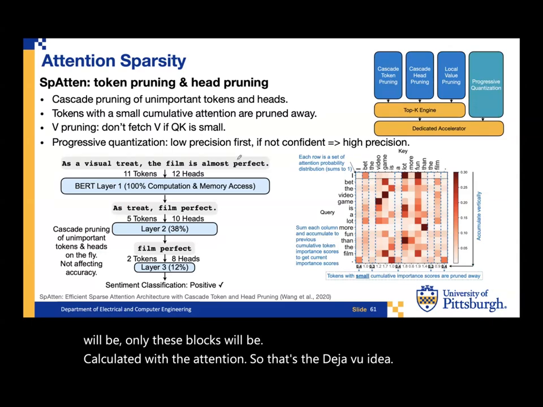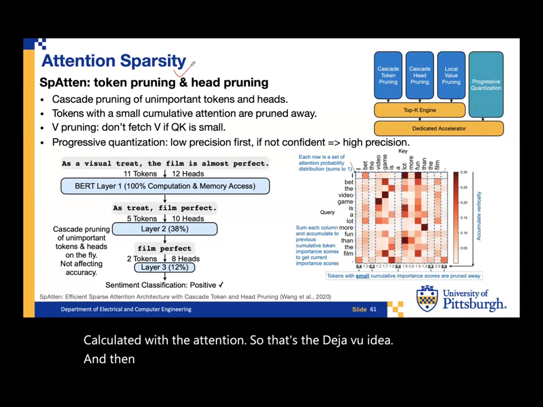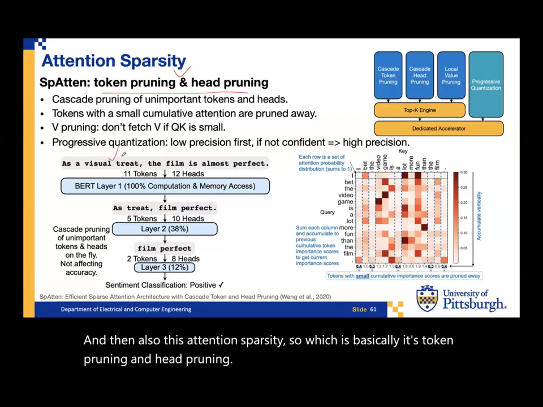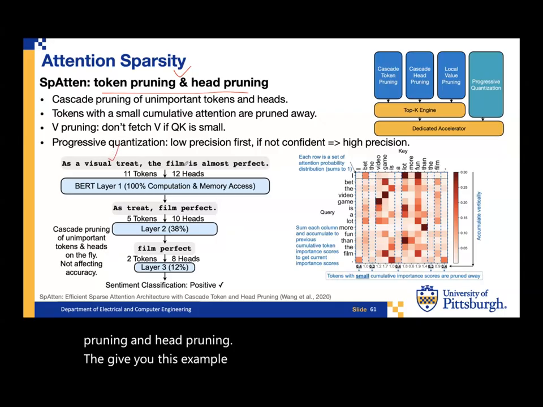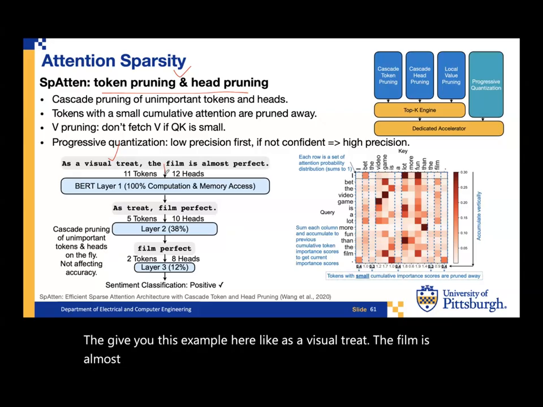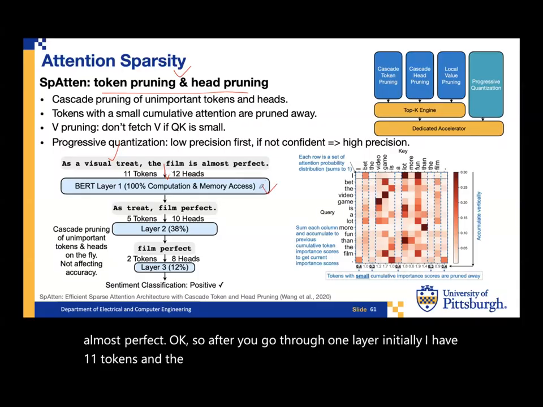And then also this attention sparsity, which is basically token pruning and head pruning. Let me give you this example here: as a visual treat, the film is almost perfect. After you go through one layer, initially I have 11 tokens and 12 heads. After one layer, I'm going to prune some of the tokens and some of the heads.